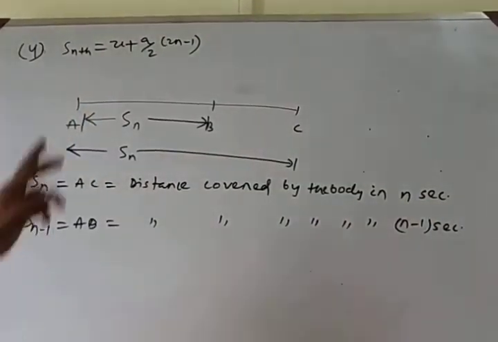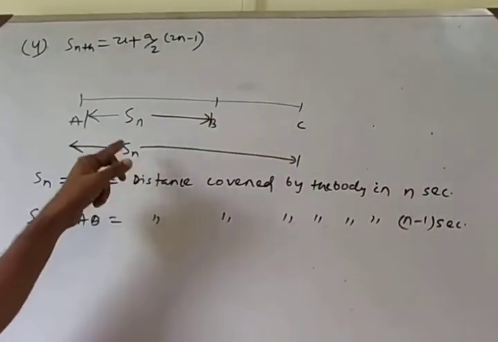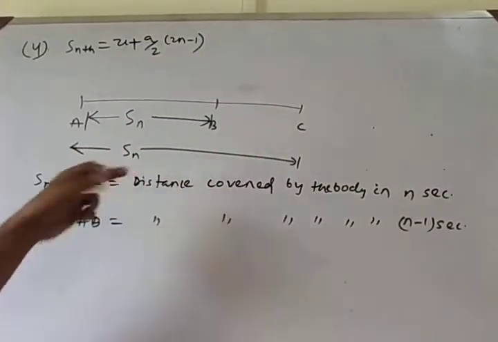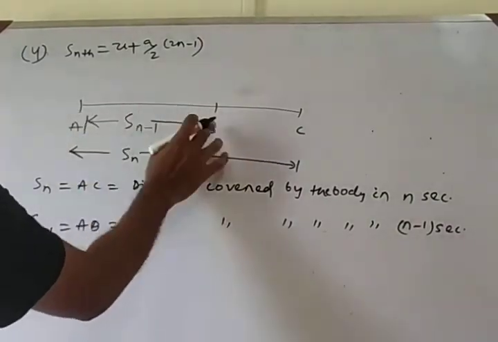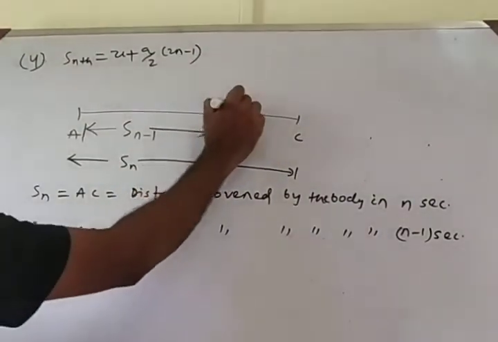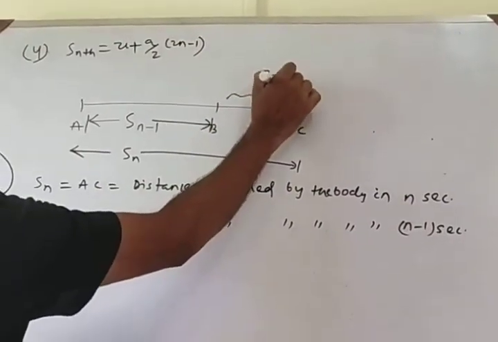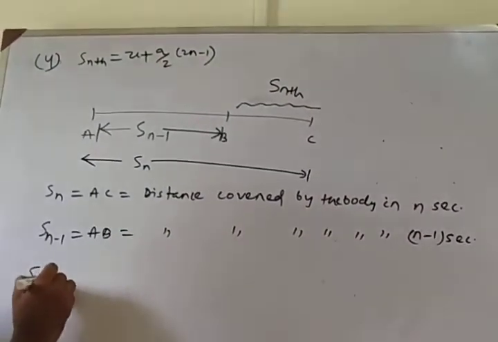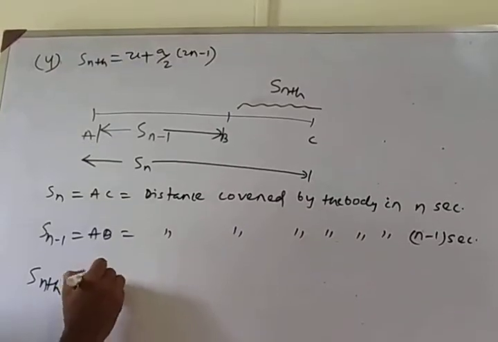So AC is Sn, the distance travelled in n seconds, and AB is Sn minus 1, the distance covered in n minus 1 seconds. So my BC will be S_nth.